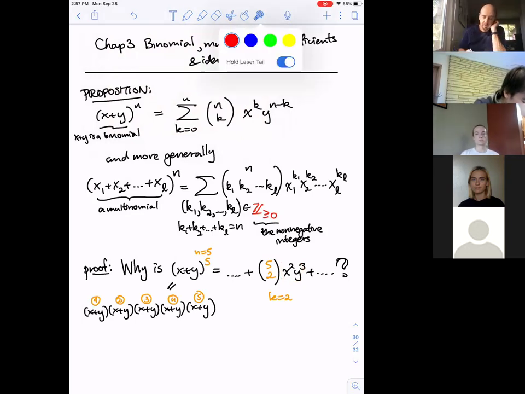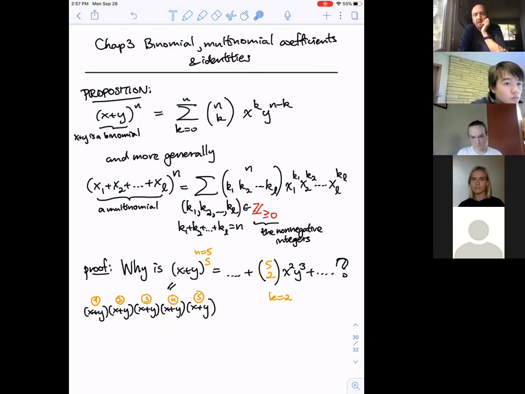Well, the way you expand this thing out is to get the monomials: in each parenthesis you pick, which am I going to take, x or y? Maybe I'll take x, x, and here I'll take y and y.